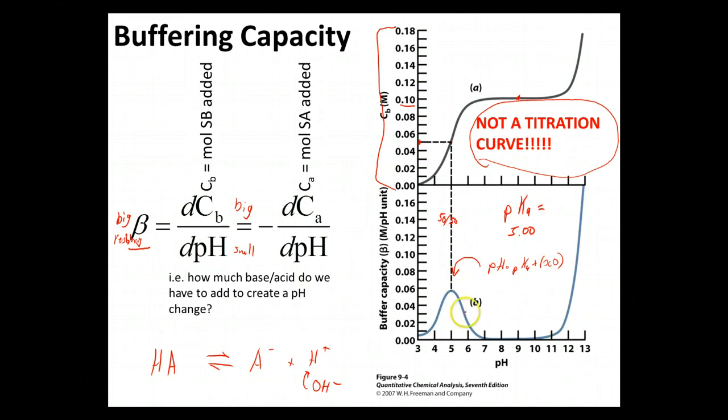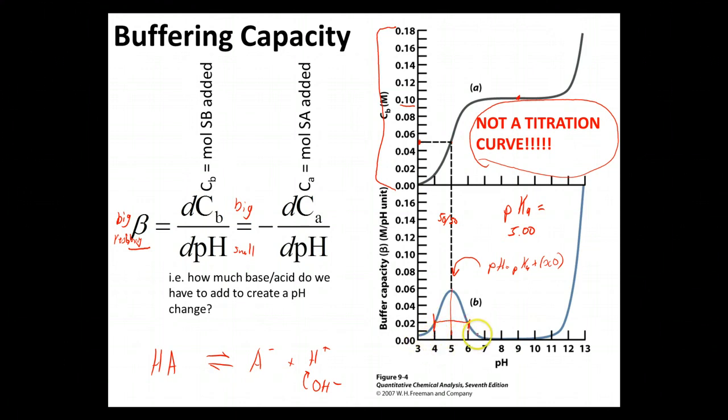Now as we get further and further from that spot, we're going to have a bigger and bigger imbalance. We'll still have the ability to buffer, we just can't handle as big of a change in the concentration of the acid or base that we add without causing a bigger change in the pH. That doesn't mean it's not buffered, it just means it's turning into a wimpy buffer, and eventually a very wimpy buffer. Notice that when you go plus or minus 1 pH unit around pKa, things are still a pretty decent buffer.